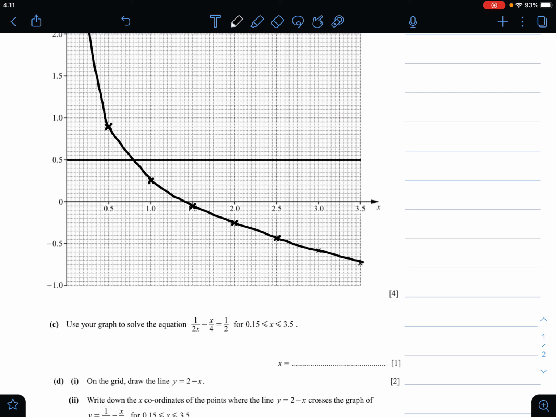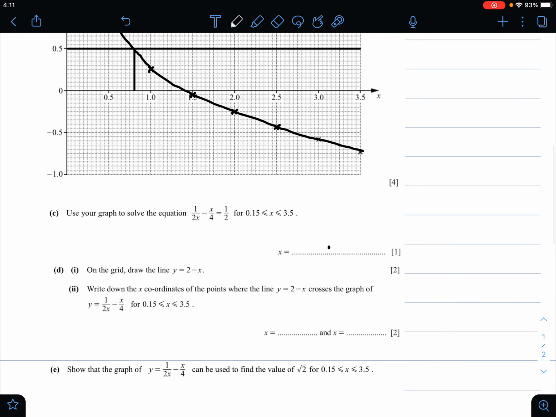Now you would see that this horizontal line, y equals half, intersects the graph at one point, right here. So now all you need to do is see what x coordinate this point has. The x coordinate of this point would be 0.8 or 0.9.